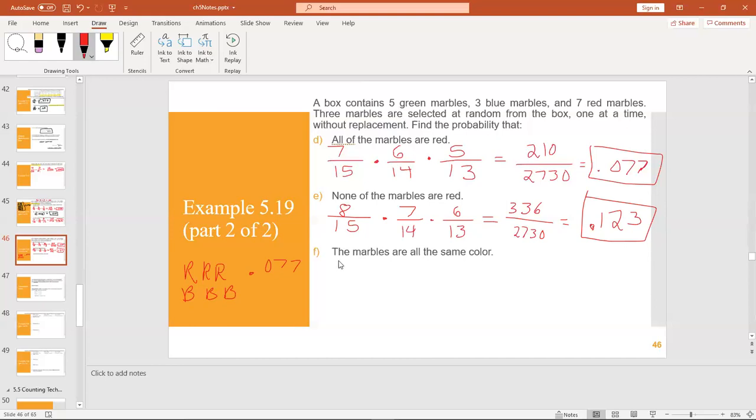So for blues, there's 3 for the first draw out of 15 times 2 for the second draw out of 14 times 1 for the last draw out of 13. That's going to give you 6 out of 2730. Let's figure out what 6 out of 2730 is. That is 0.0022.